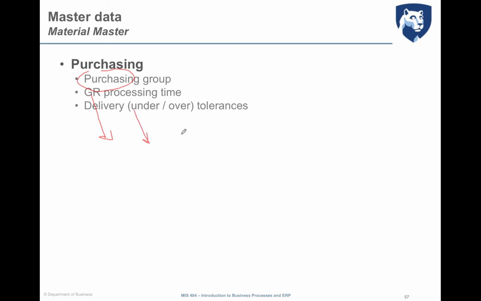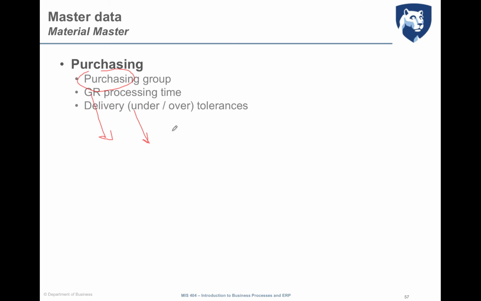And finally, we have the delivery under or over tolerance, because it's not uncommon that when materials arrive from a vendor, more or fewer units can be included, so the shipment can be accepted or not, depending on the policy of goods receipt.